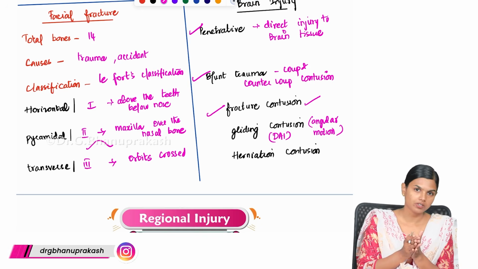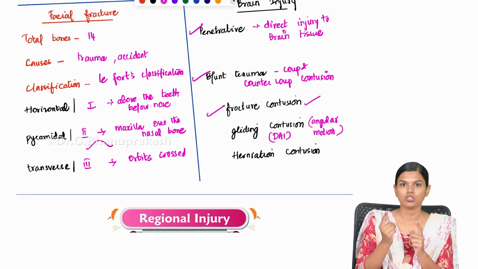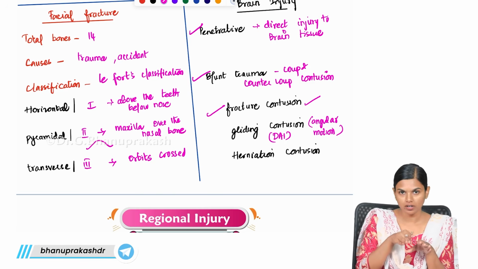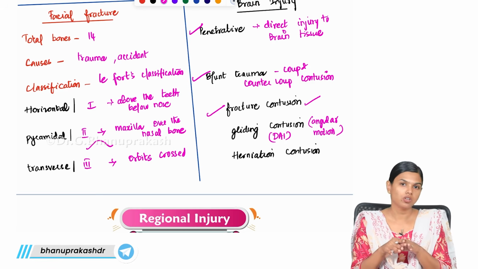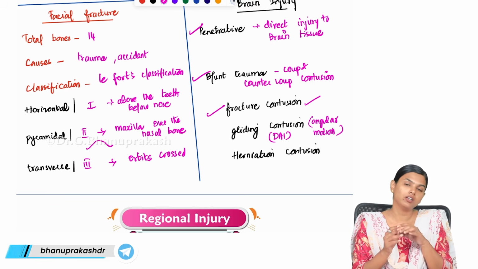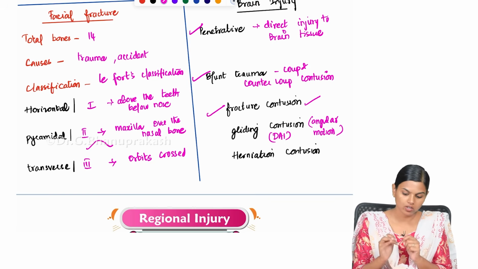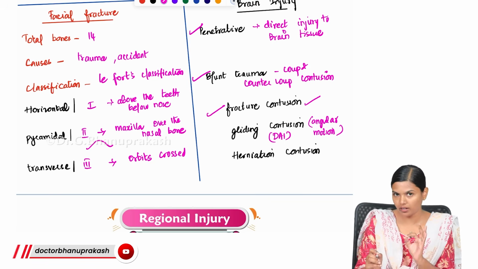When there is a sudden angular motion, at whatever junction is present, like the gray matter, white matter junction inside the tissue, there will be a shearing force. So it will glide over each other and there will be some sort of disruption in the activity of the cells. That is known as gliding contusion.